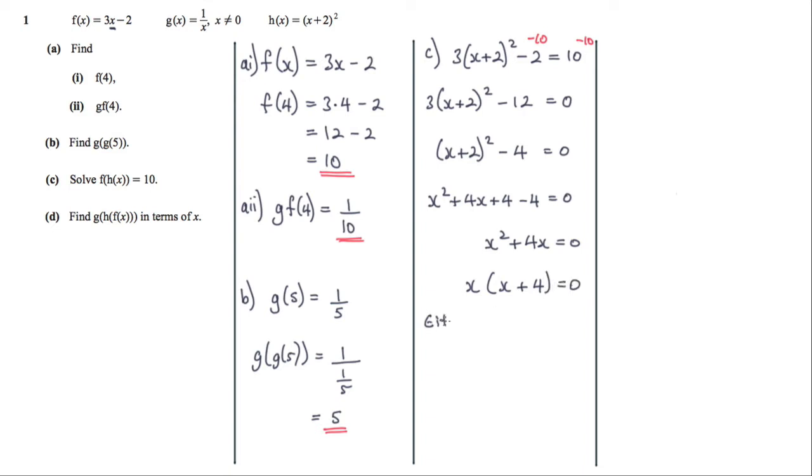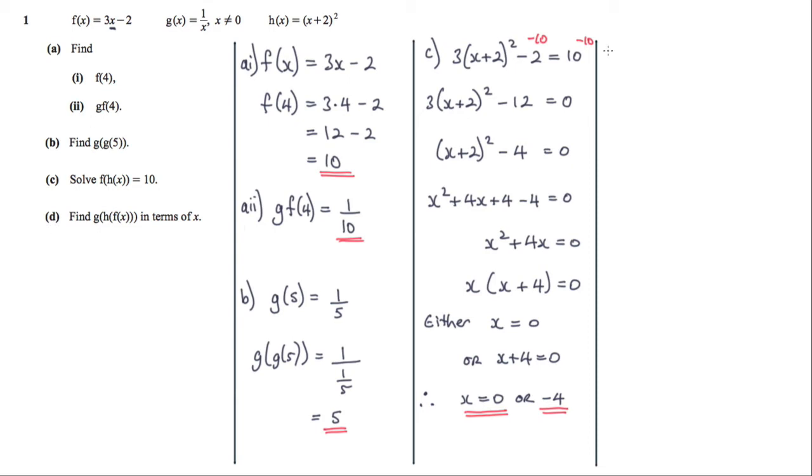So either x is equal to 0, so this term here is equal to 0, or we have x plus 4 being equal to 0. So therefore x is equal to 0 from this part here, or it's equal to negative 4 from this part here. So there's the two answers. We get 0 or negative 4.